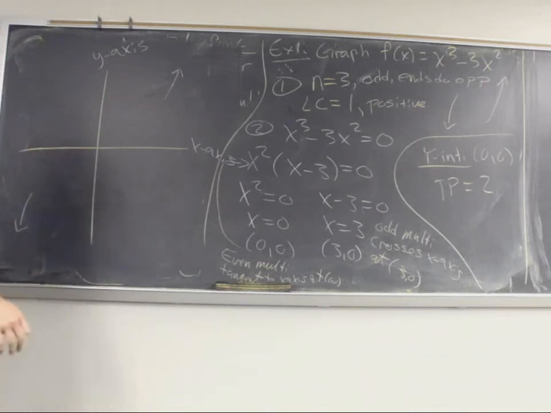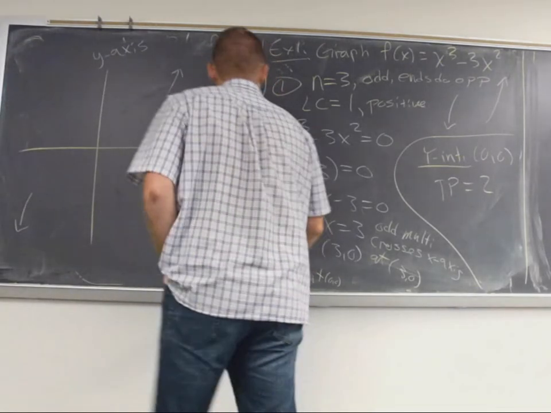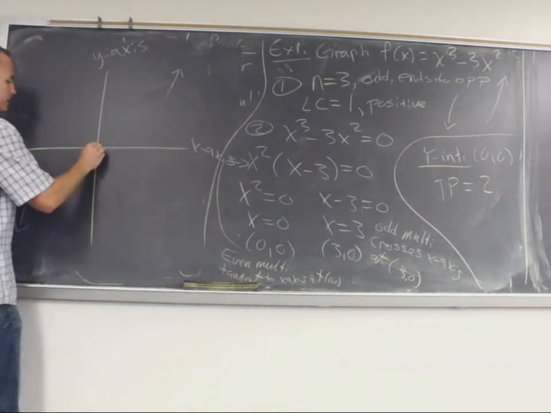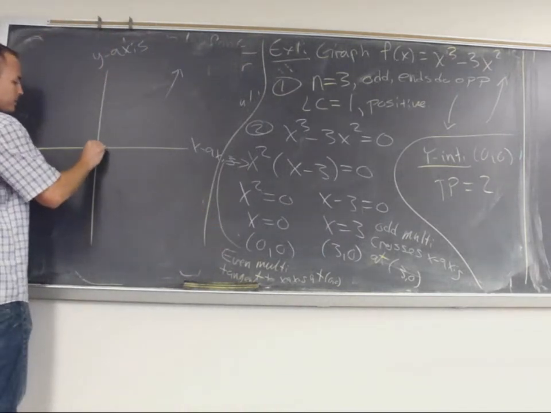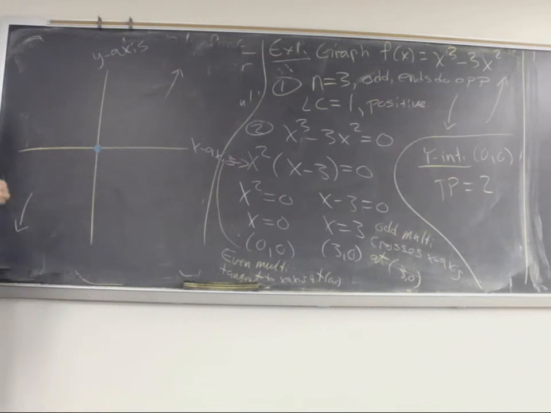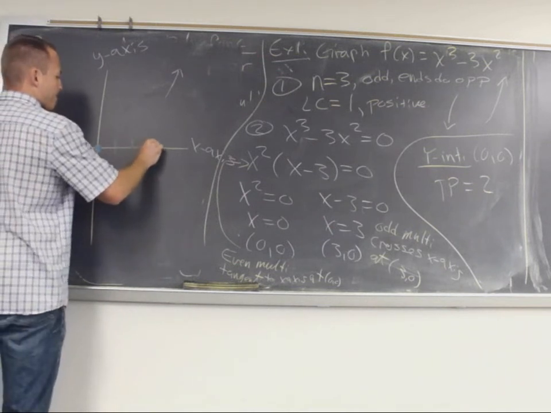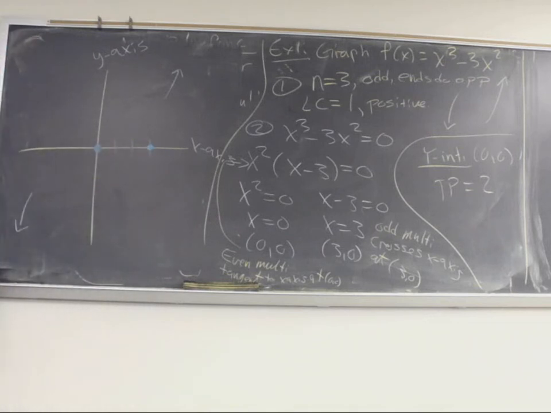All right, step 2, the x-intercepts. So we can go ahead and plot those. So we have (0, 0), so we'll put a big blue dot here. And then (3, 0): 1, 2, 3. So there's our two x-intercepts.